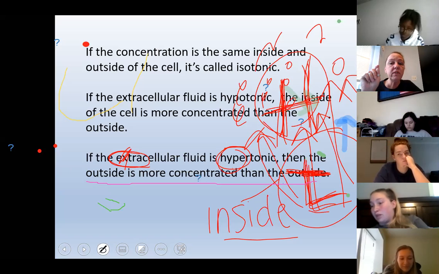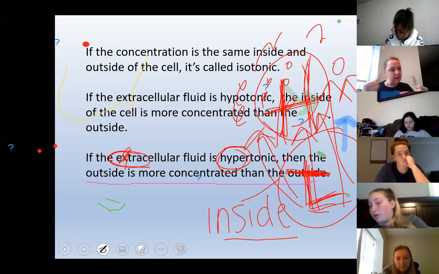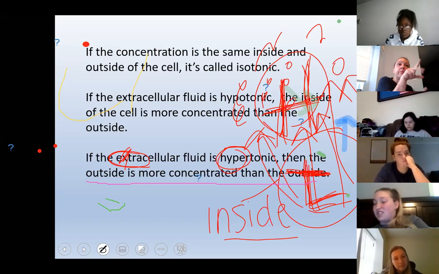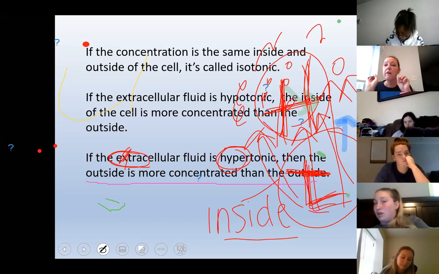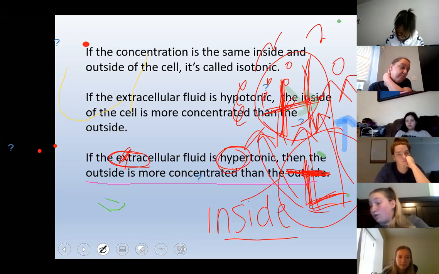We're not moving with a gradient on this. I know some of you are like, but Ms. Huff, you just said we're moving from high to low. No. That was for movement of molecules. This is for movement of fluid, and they have two opposite ways that they move.